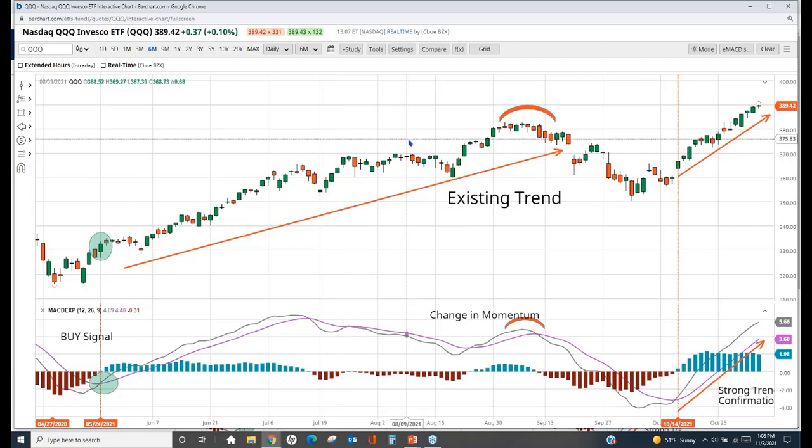A second average, typically called the signal line, is created, and it is an EMA of the MACD line. Now, in other words, it's a moving average of the difference between our two moving averages, and that's typically a 9-period EMA, and that is what is represented here by our purple line.